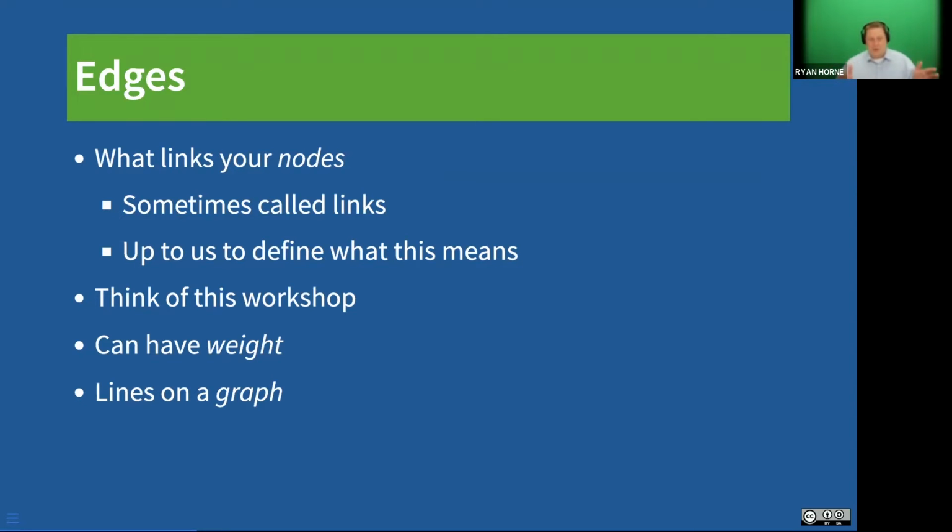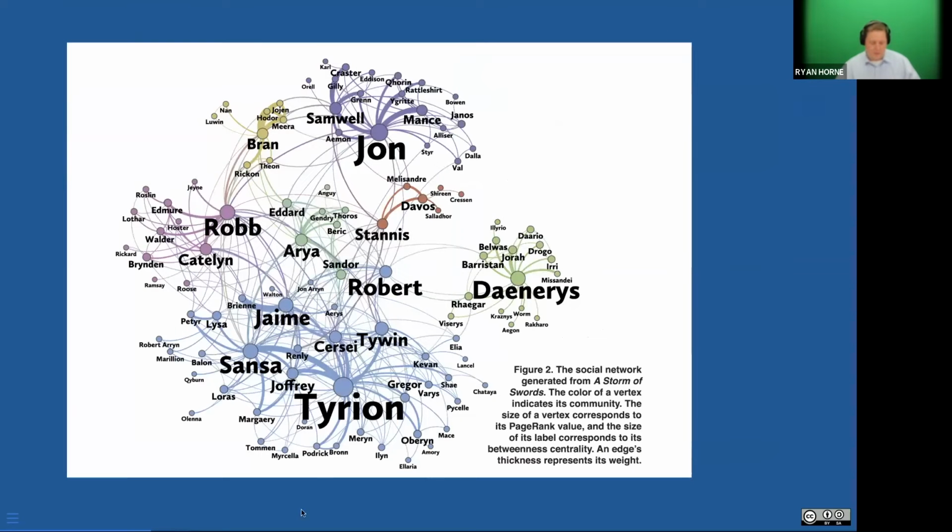You'd say, oh, this link has a large weight of economic value, and maybe between another two cities, it's a smaller weight because they have smaller economic values. These are generally the lines on a graph. And so again, if we go back to our Game of Thrones example, the edges are here. These are the links between the nodes, and the wider ones are showing again that they're on more pages together. So that would be the weight of these.